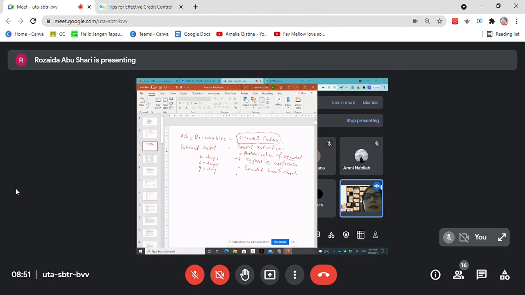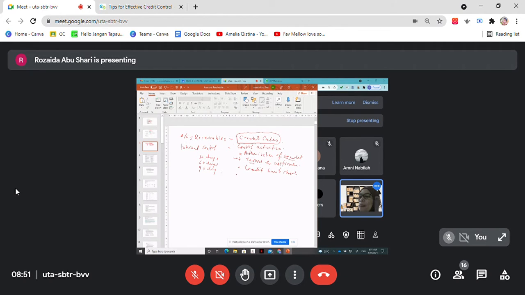If they cannot meet the days allowable to them, they might have an interest charge. Then credit limit, and the proper approval on the sales order. So that is some of the control activities that must be applied regarding the account receivable.